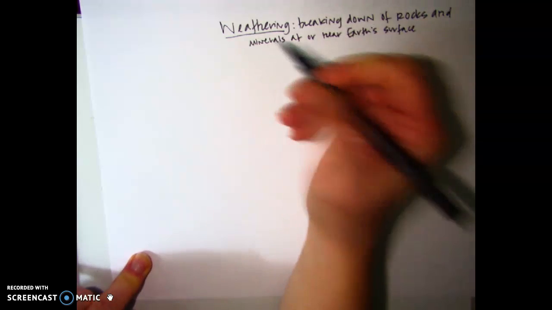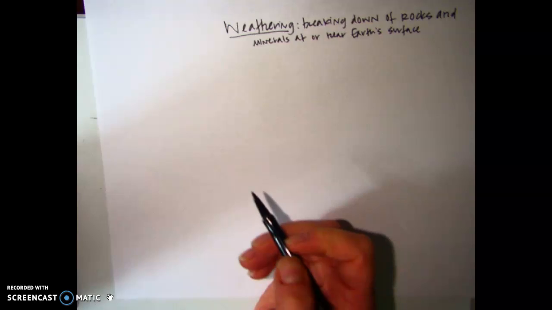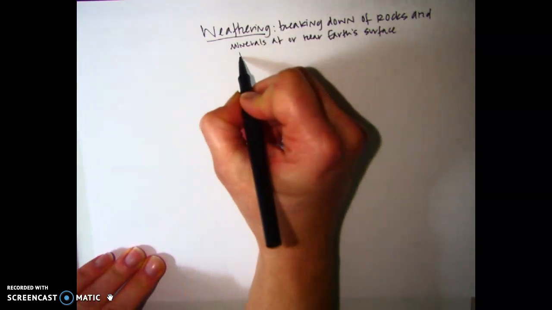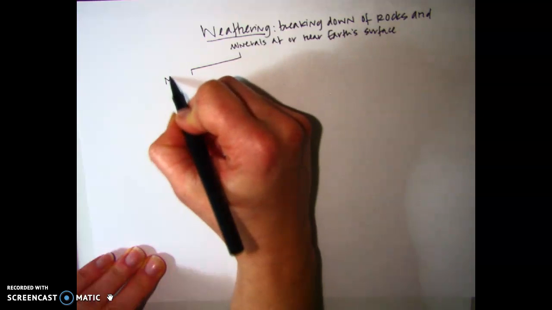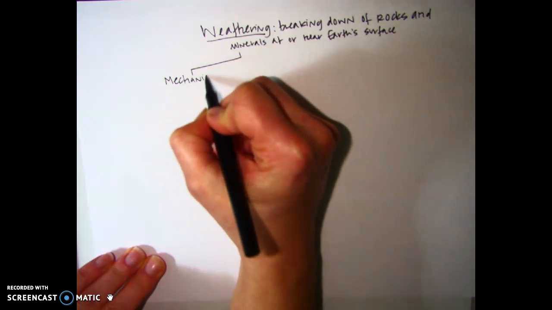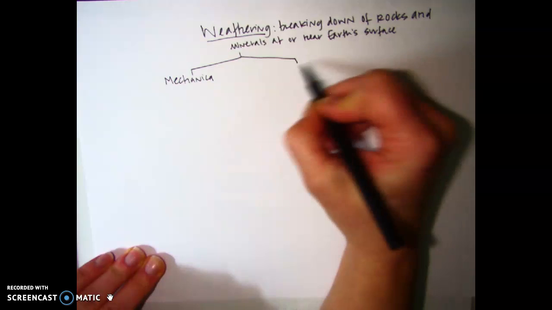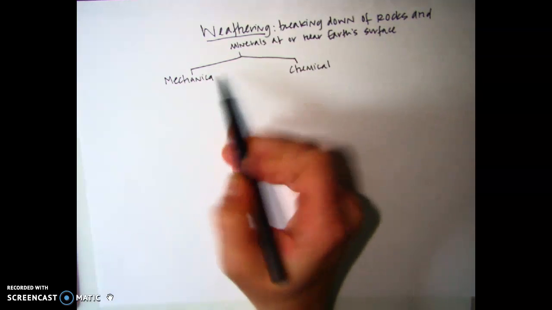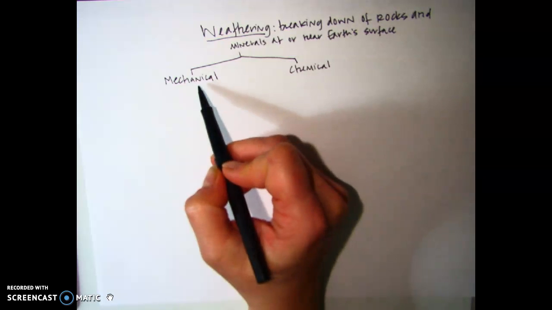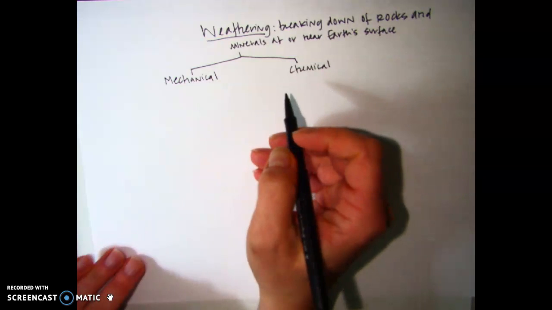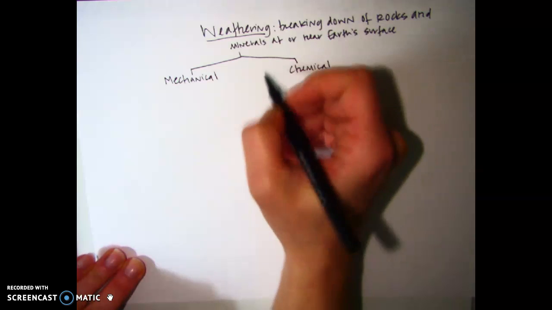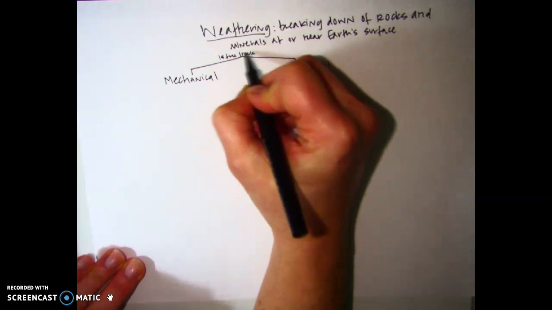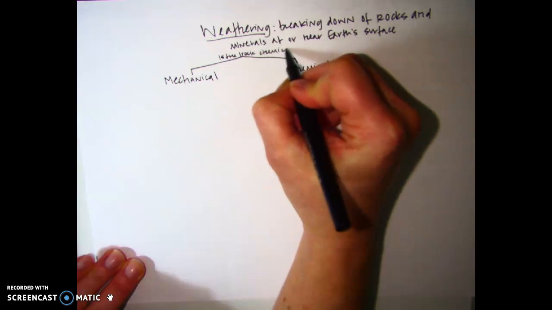So there are two main categories of weathering. We have mechanical weathering, and then we also have chemical weathering. And the question we can ask ourselves to figure out if this is mechanical or chemical weathering is: is the rock chemically changed?